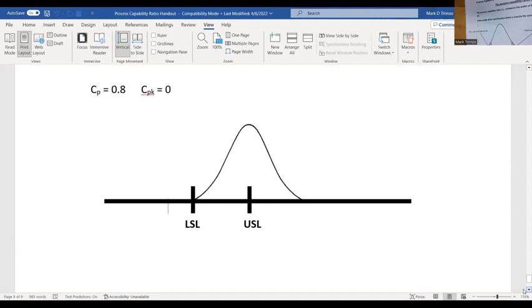You can read back and forth between the handout to get an idea what all this means.